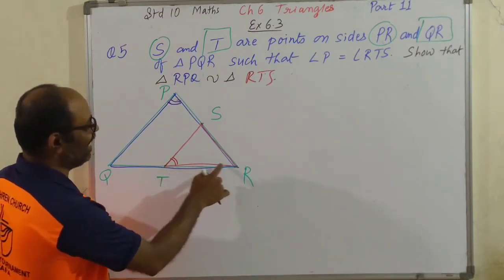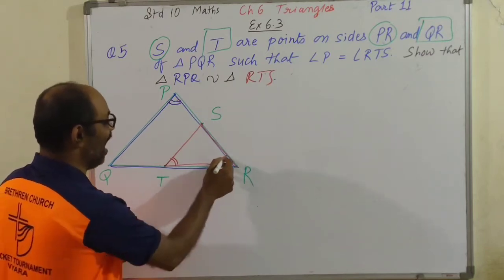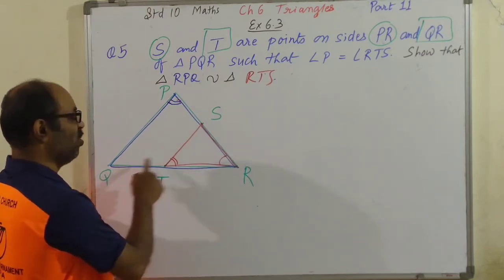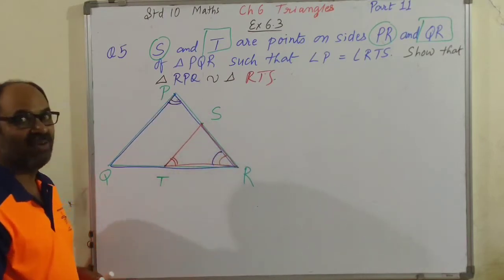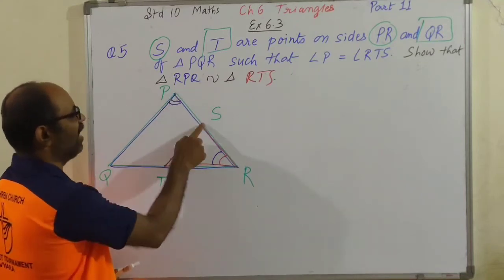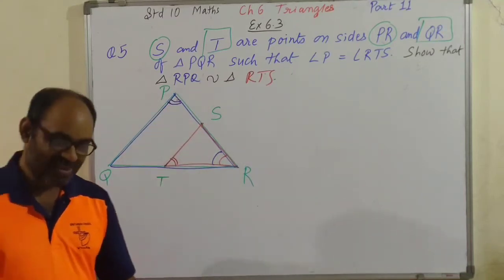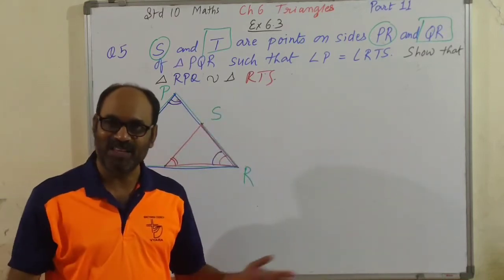Yes, TRS. The red one is equal to QRP, the blue one, common angle. Why common? Q dash T dash R and P dash S dash R. Okay. So by AA corollary, these two triangles are similar.